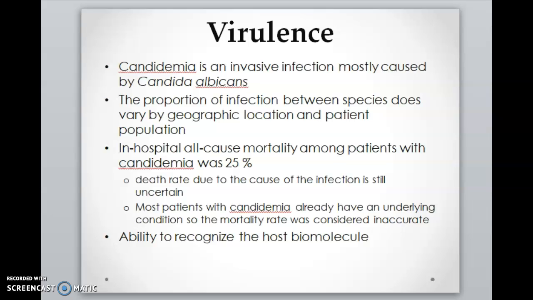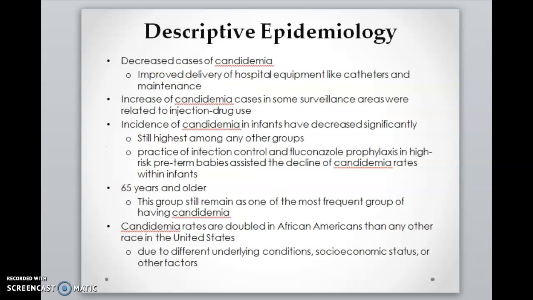But the death rate due to the cause of the infection is still uncertain because most patients with candidemia already have an underlying condition, so the mortality rate was considered inaccurate. Candida albicans can recognize the host biomolecule in which it can adhere to it. It can transition to different stages and also reverse transition.